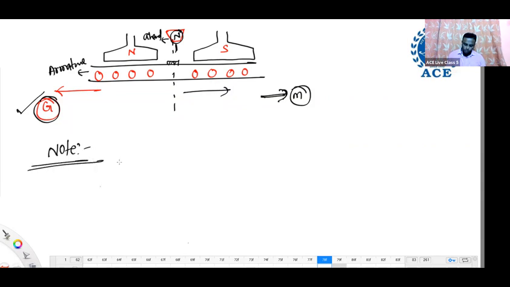Note, first point: these two statements as they are will be there in the options. Write the two points.